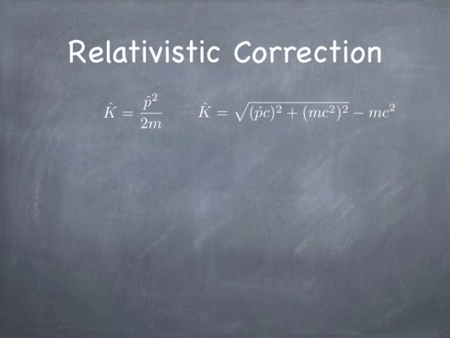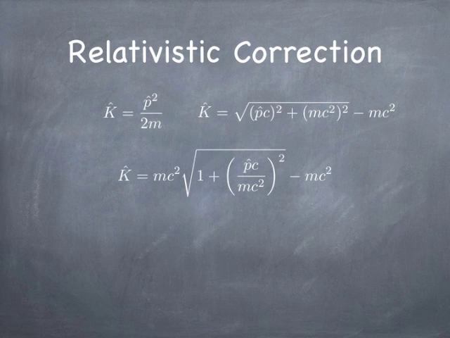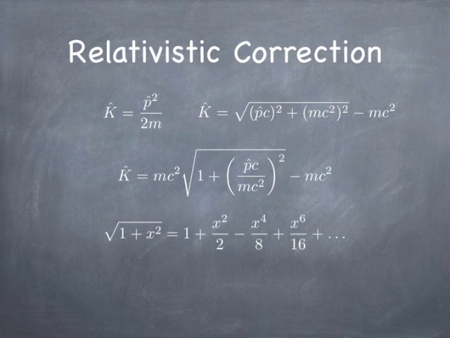So one way to deal with it is to say, well, what if I treat that square root as a power series? So what I'm going to do is notice that the square root of 1 plus x squared you can expand as a Taylor series, and it's 1 plus x squared over 2 minus x to the 4th over 8, and so on.